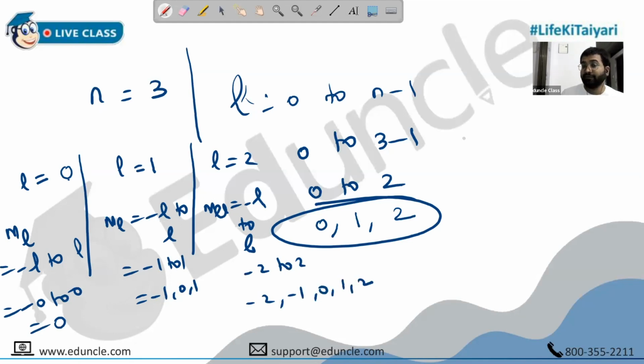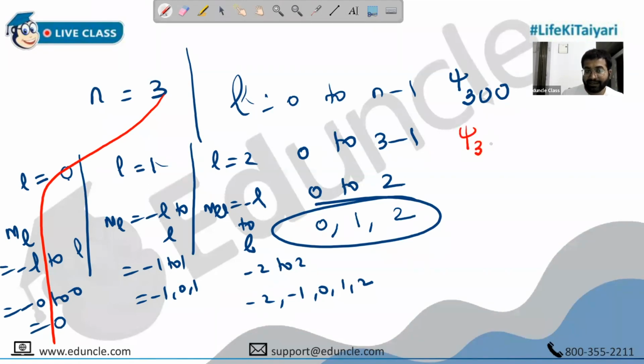So what are the possible wave functions? When n is 3, L is 0, ML is 0. One possible wave function is 3, 0, 0. Another possible wave function is when n is 3, L is 1, and ML is minus 1. 3, 1 and minus 1.